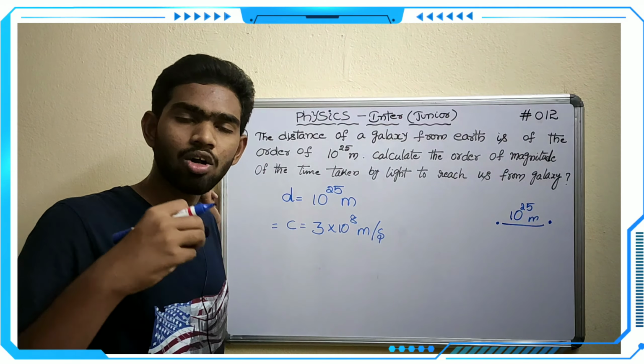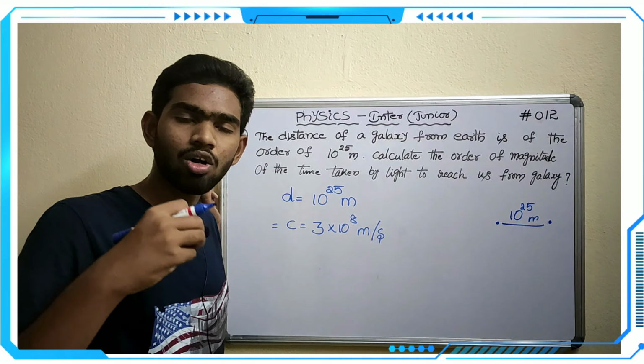Light cannot deviate until it touches a surface. As it is space, there is no surface included, so light travels in a straight line path. The straight line path speed is also known as v, that means velocity. So the speed of light is also considered as velocity, and distance is as usual the distance.